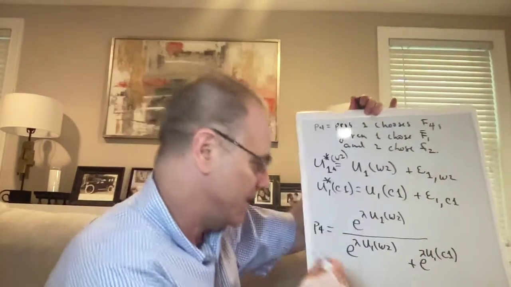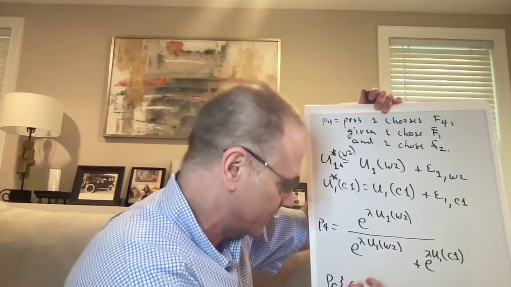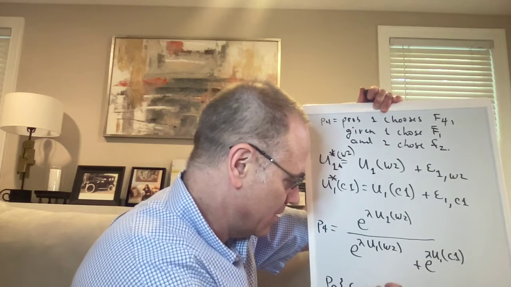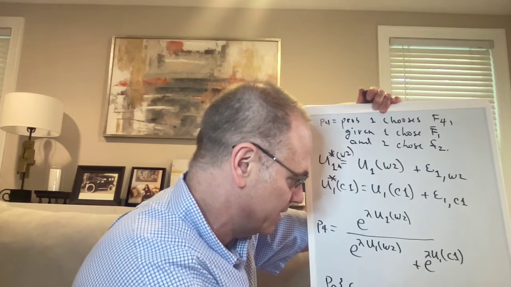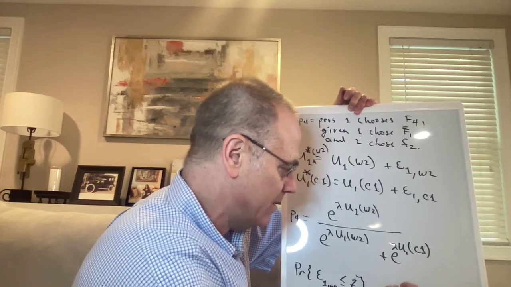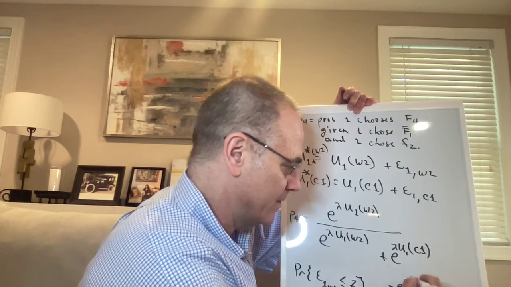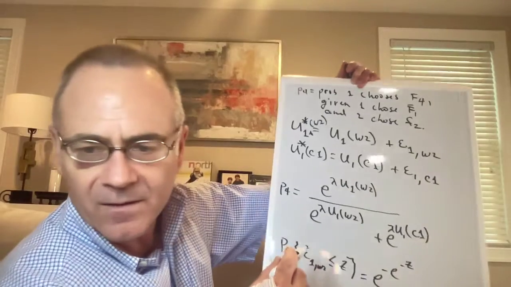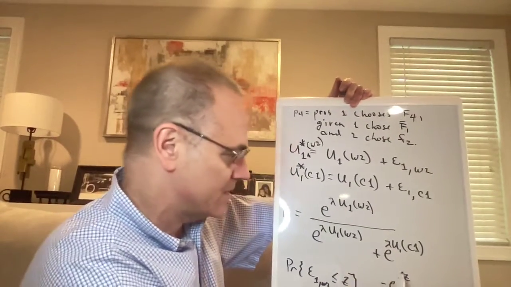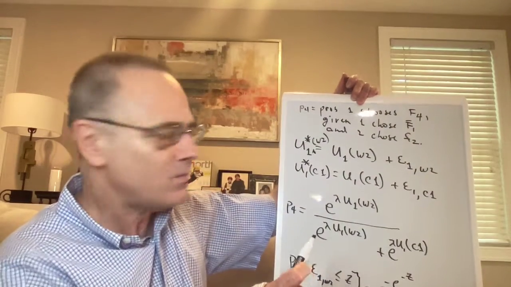And so that means that the probability that, say, epsilon 1, W2 is less than or equal to Z equals, I think I got this right, e to the minus e to the negative Z. That's the CDF when it's standard Weibull.